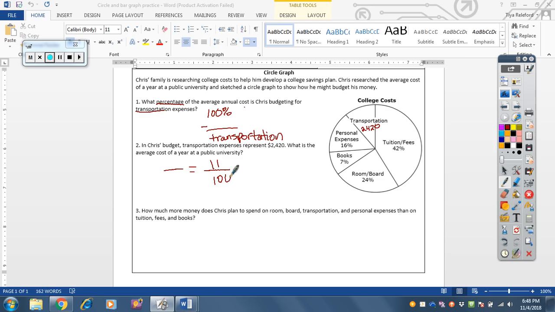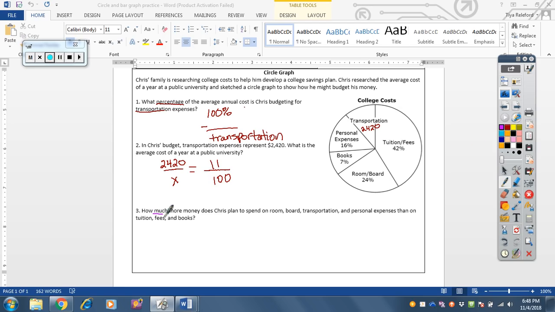That's what you ended up with up here in number 1. 11% is equal to 2,420. You're looking for the total cost. Solve this proportion and you'll have the total cost.